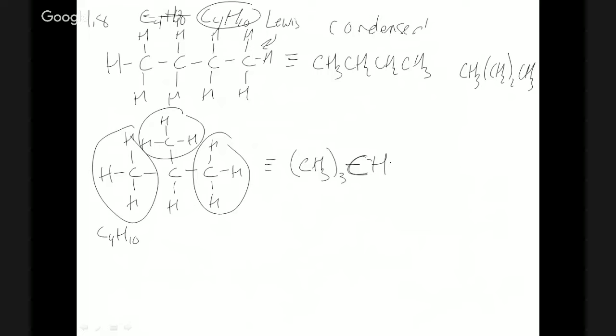Let's do a couple more organic structures with oxygens in them. We can draw what's called an aldehyde. Again, this will be an introduction to functional groups. So there's a Lewis structure there, condensed structure.